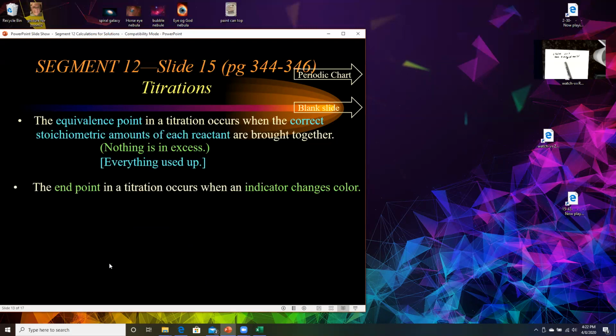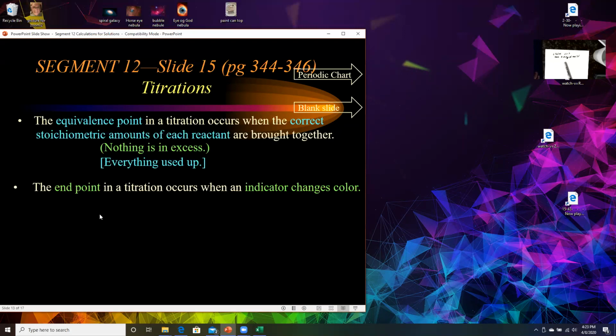But we can't always see the equivalence point in a titration. Generally, we get what is called an end point. And we do that by putting a dye, typically, into the flask in the reaction. It'll have one color when I have that first reagent in it, and then it'll change colors and generally have a different color if I put what's in the burette directly into the flask.